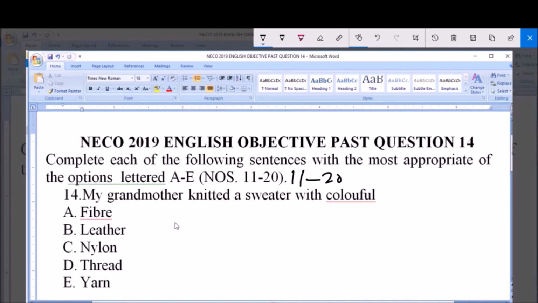And the sentence here says, my grandmother knitted a sweater with colorful dash. My grandmother knitted a sweater with colorful dash.